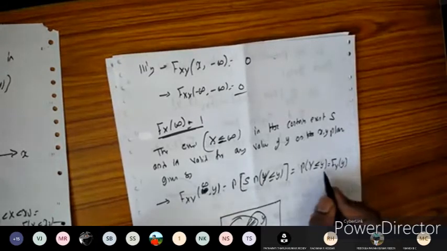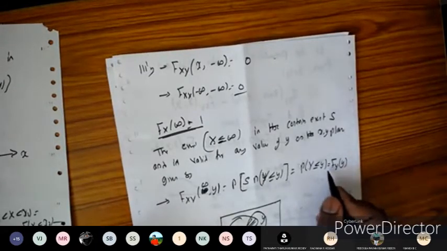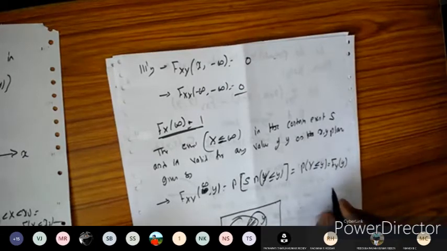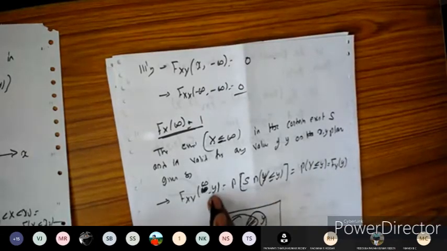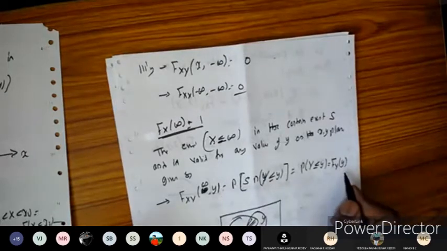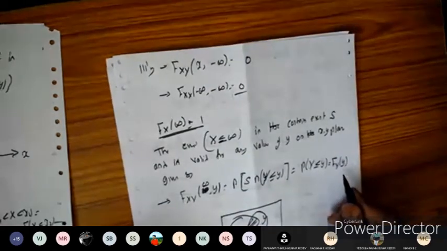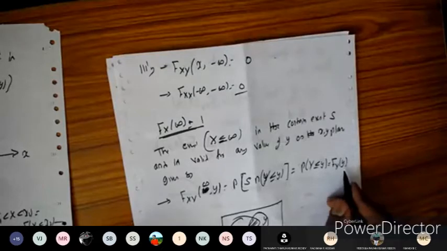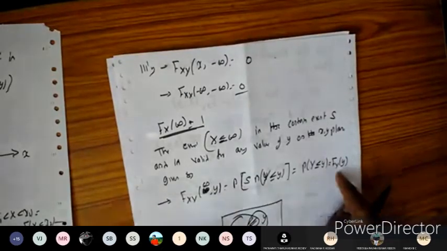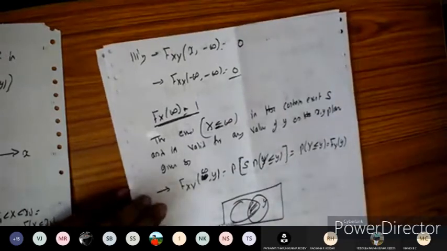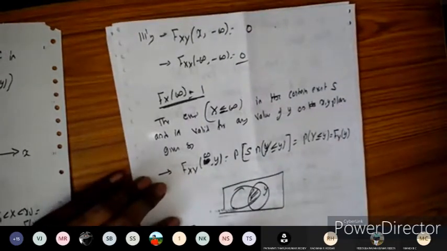Such probabilities we are going to call marginal probabilities. This Fy, which is obtained from the bivariate random variable, we call the marginal probability, or marginal CDF, because it's a CDF. Similarly, we can extend this to Fxy of x comma infinity.